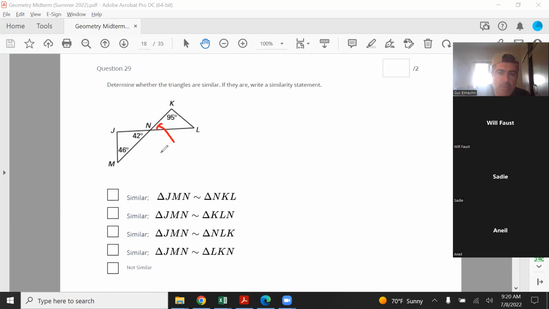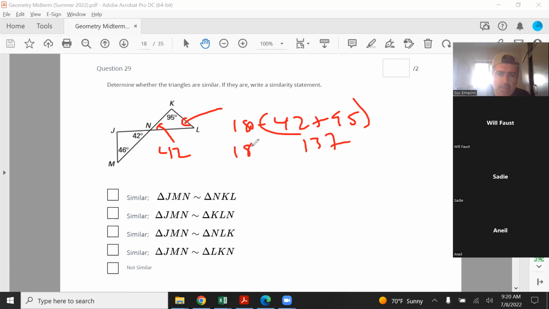So that's obviously going to be 42, meaning that this is going to be 42 plus 95, which I know is 137. I have to do 180 minus that number, which is 43. Well, 42, 46, 88. That'll be 92.